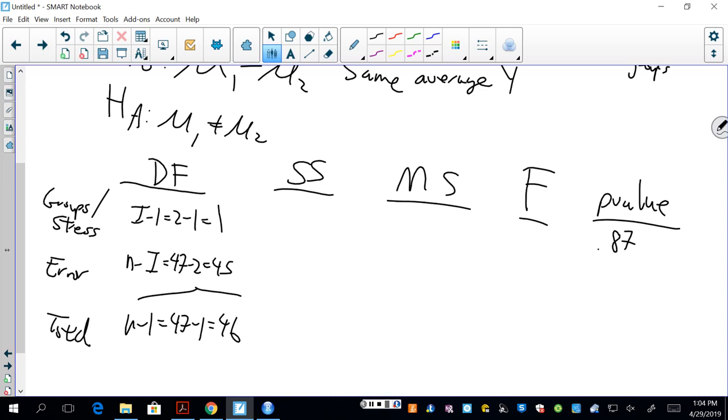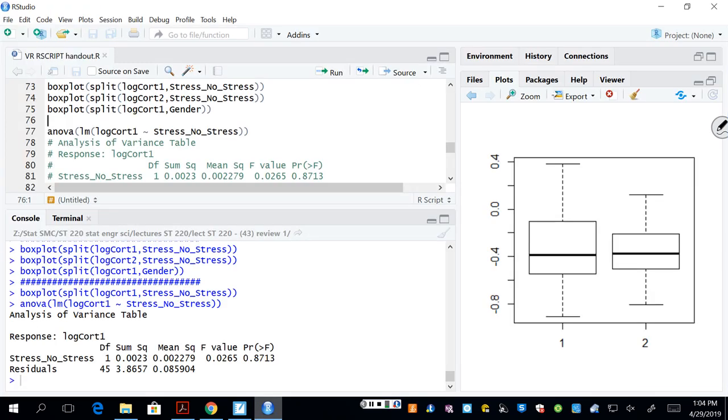Based on this, we don't need to know the rest really to get this conclusion. I do not reject H0. And as we saw in the pictures, the log cortisol in these two groups looks quite similar. No real difference there.